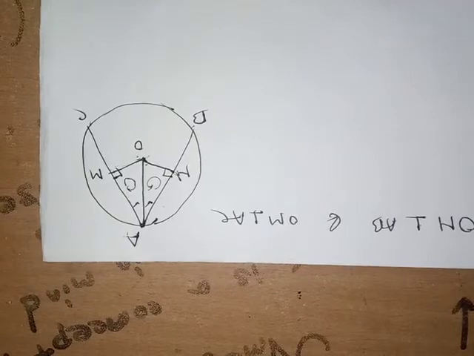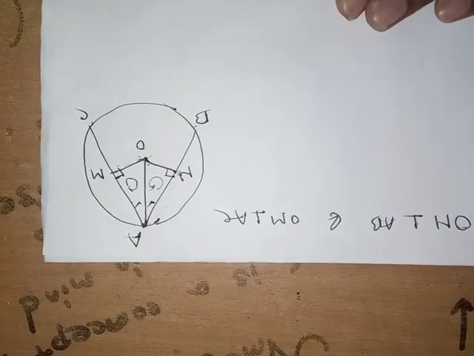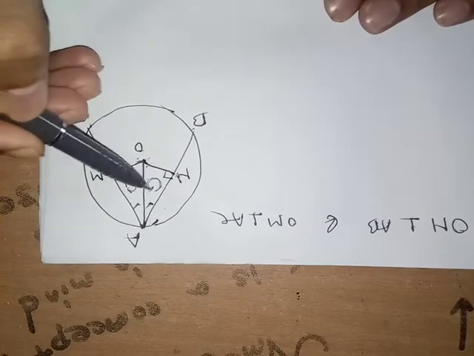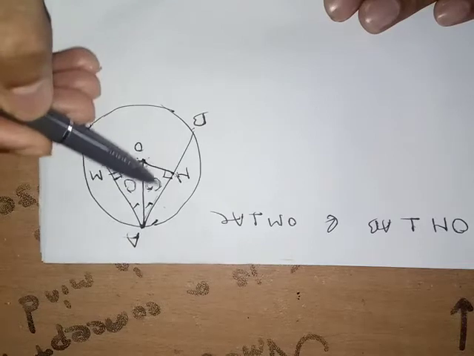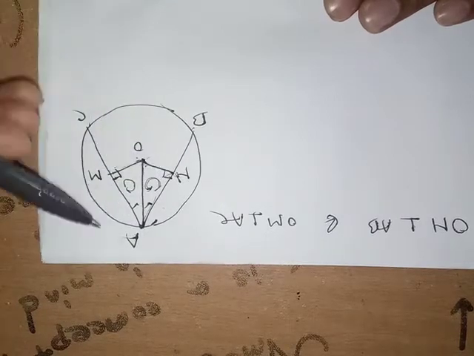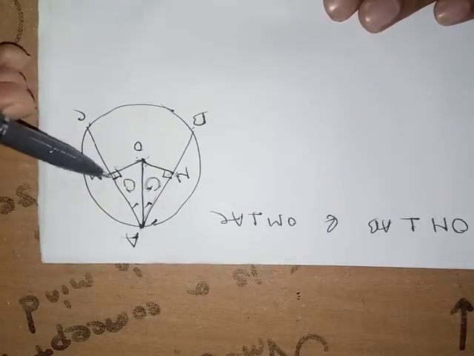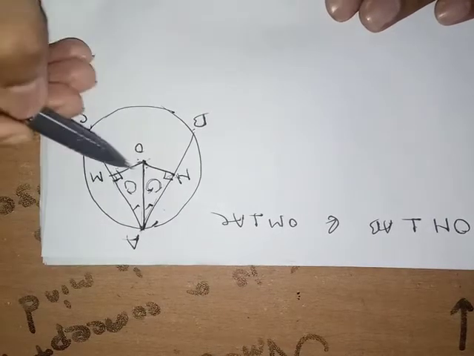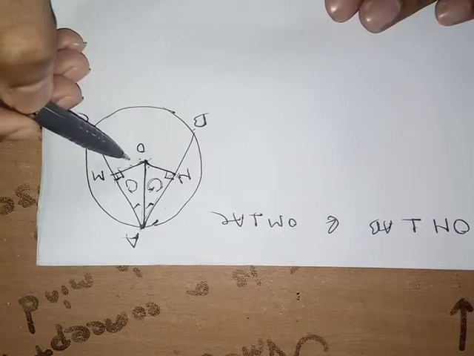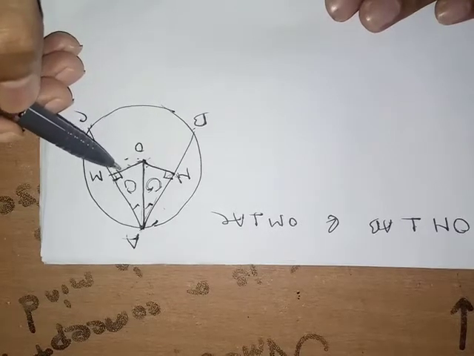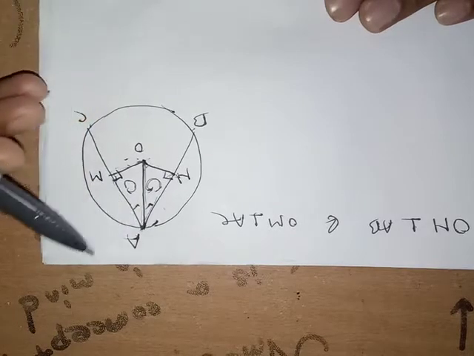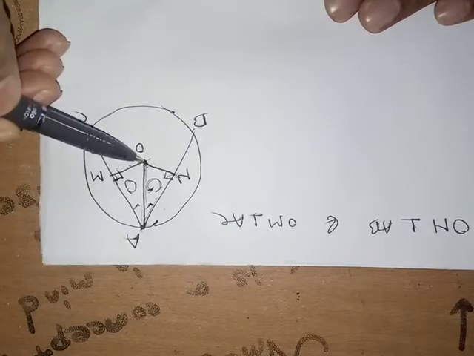By drawing the two perpendiculars, we have found two triangles within the circle. One is triangle ANO, and another is triangle AMO.